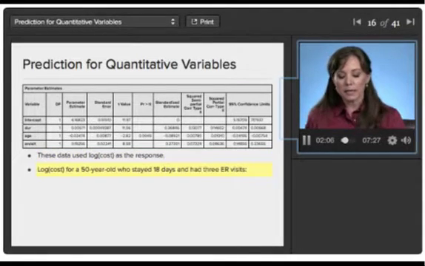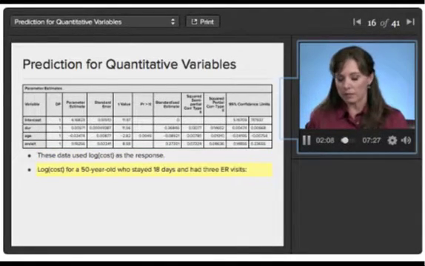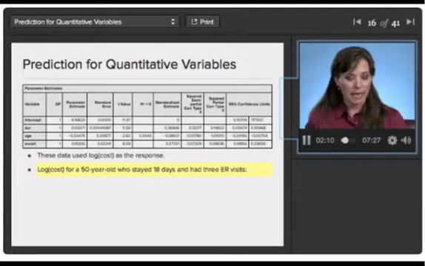So we're going to calculate the log cost for a 50-year-old individual who stayed 18 days and had 3 ER visits.